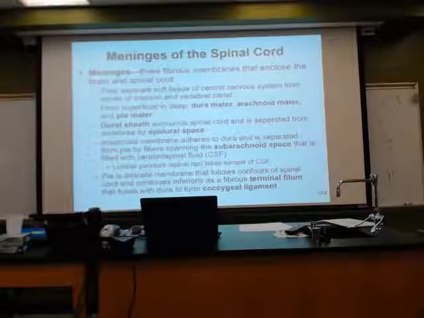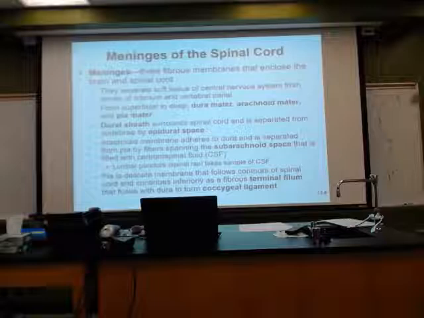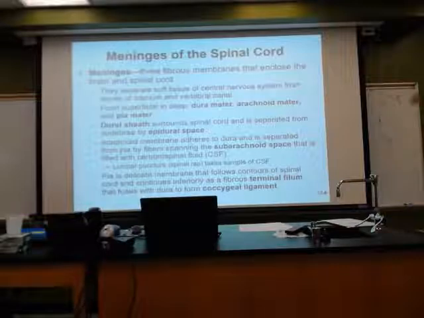Why would that be important? What's the job of the CSF? Keep it lubricated, moist. Absorb shock. Cleanse. Provide needed materials to the tissue.